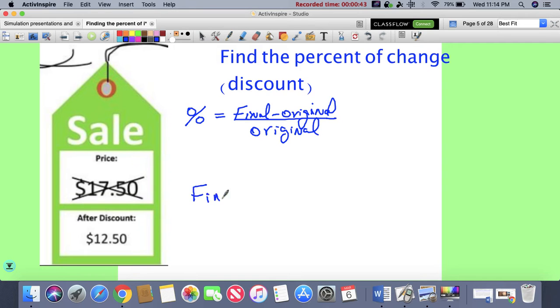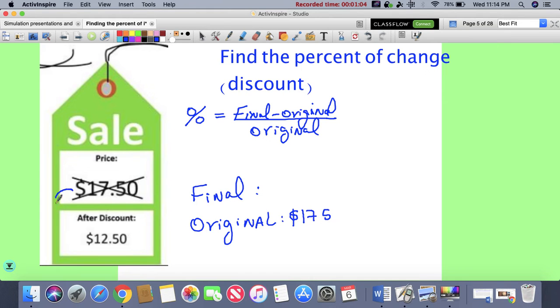So we have to find out which one is the final price and which one is the original price. El precio original y el precio final. So the original price of this, whatever this was, a t-shirt, was $17.50. What was the final price?